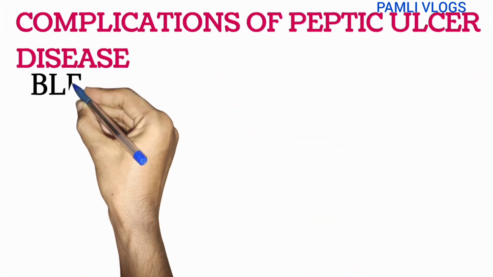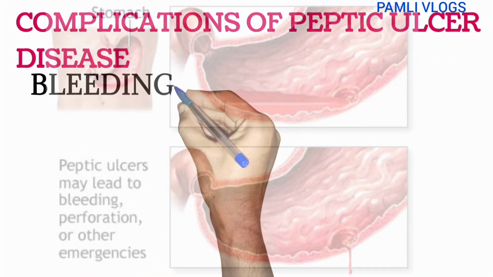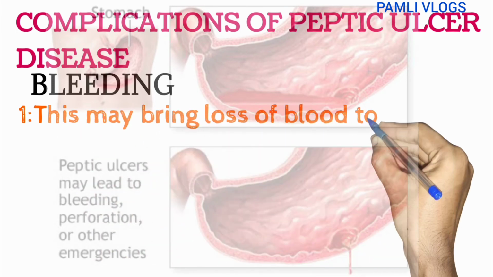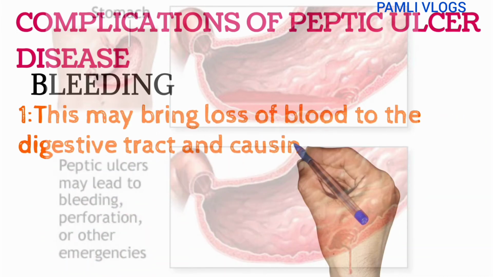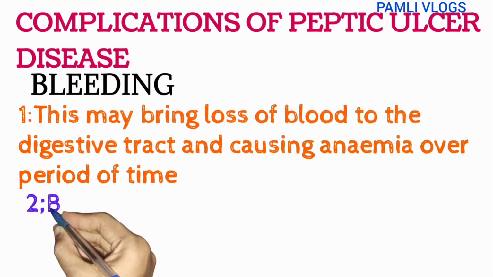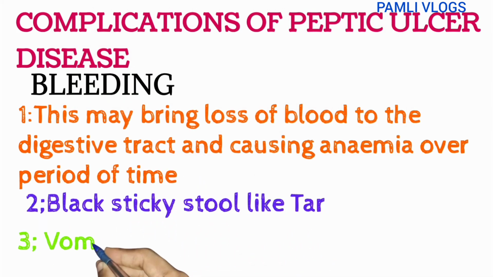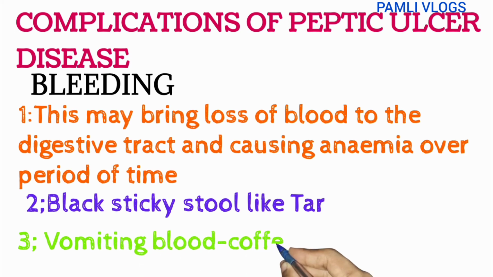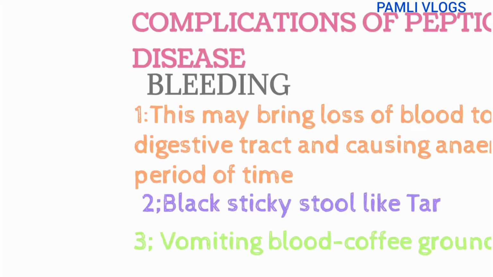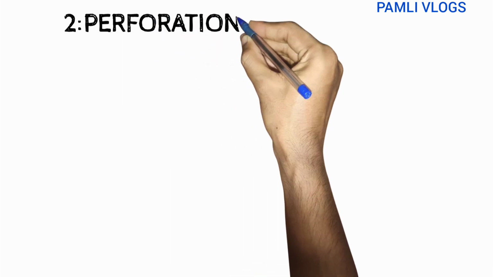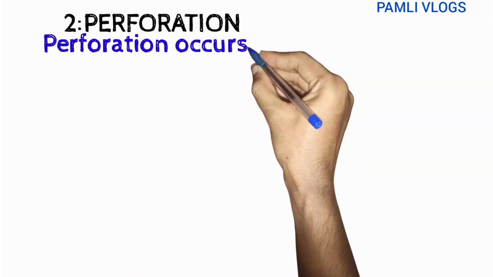Now, a complication of this disease is bleeding, and this bleeding may bring loss of blood to the digestive tract and may cause anemia. And you will have black sticky stool like tar, and you will be vomiting blood, which looks like coffee grounds. Of course, the second complication is perforation.